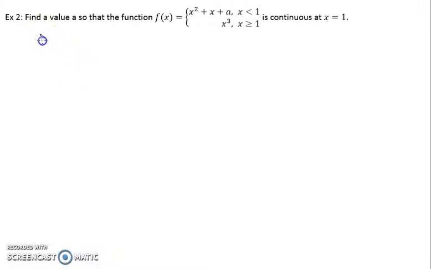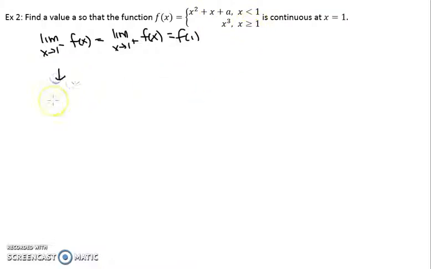So the limit as x approaches 1 from the left of f of x has got to equal the limit as x approaches 1 from the right of f of x, and that's got to equal f of 1. So we really just need to find f of 1 up here, f of 1 down here, set them equal to each other, and solve.